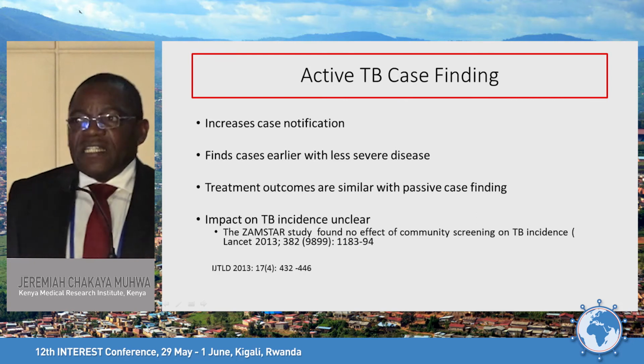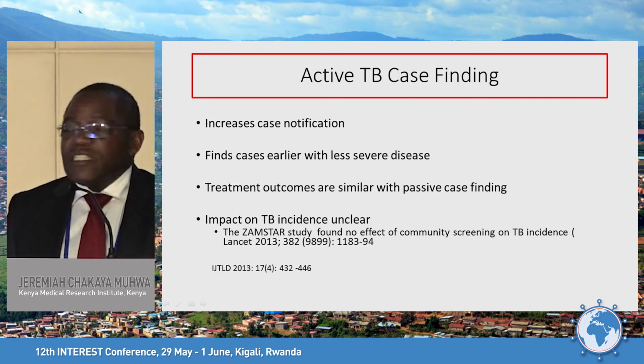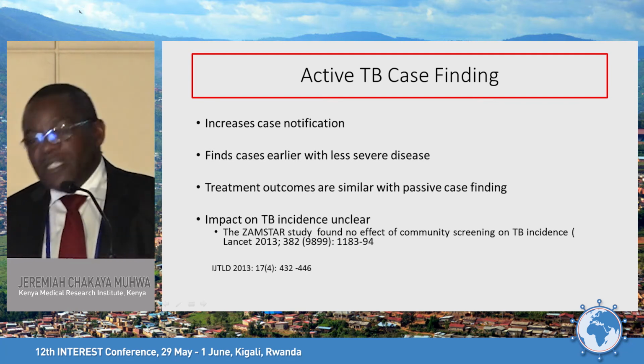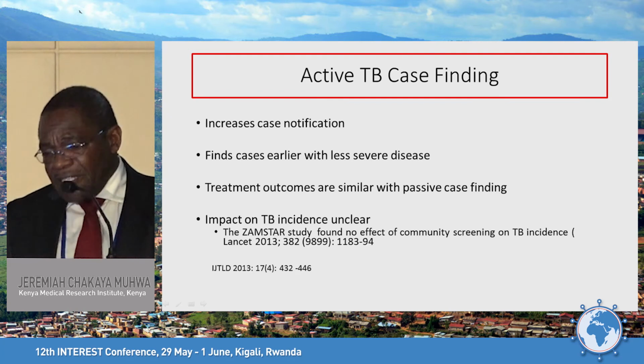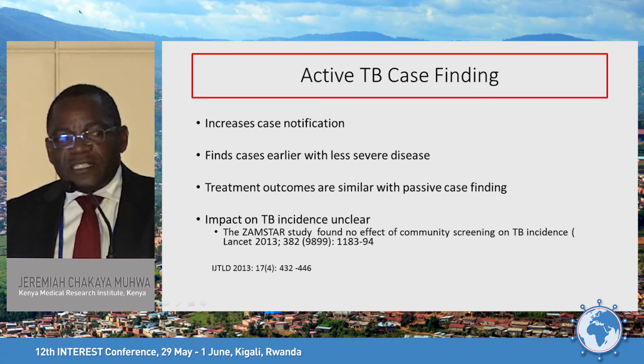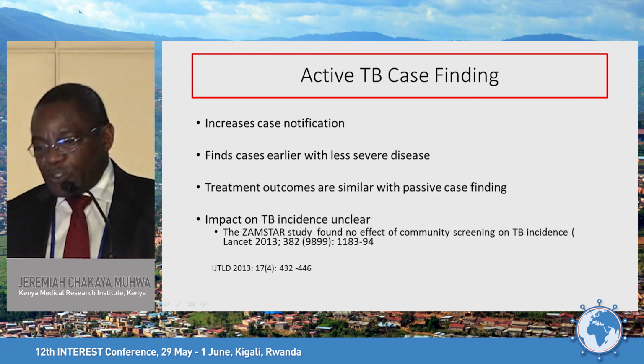Active case finding is something that has recently become extremely important in the world of TB. A recent meta-analysis and systematic review suggested that active case finding can do several things for us. It definitely increases case notification, at least in the short term.